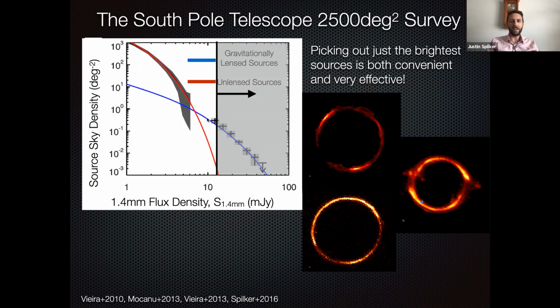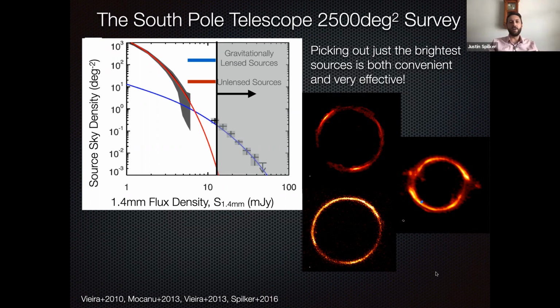There really shouldn't be any galaxies that bright intrinsically in the universe. Here are a few high resolution ALMA images of galaxies from the sample. The overwhelming majority are gravitationally lensed, which gives really detailed views of their structure and properties.